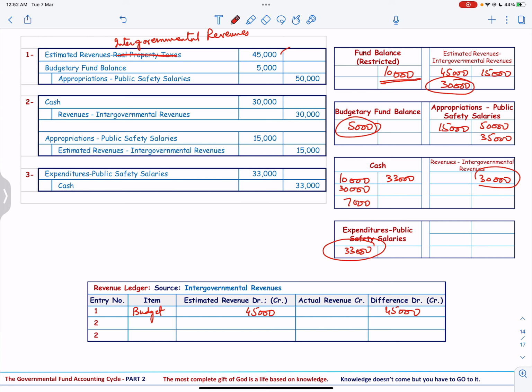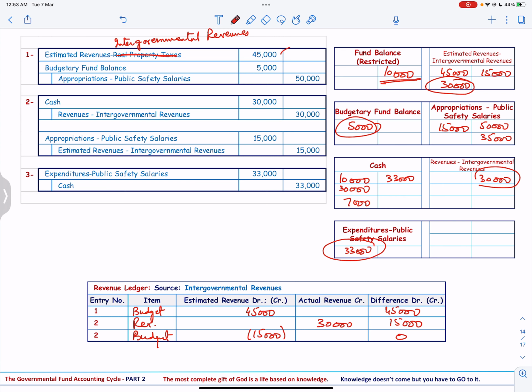Then in the second journal entry we have received the revenues, and the revenues that we have received is 30,000. So we need to collect still another 15,000. However, they are not going to send any further money, so this will be an adjustment in the budget. The estimated revenue is going to be credit by 15,000, and now this becomes 0. We are not going to collect any more money.